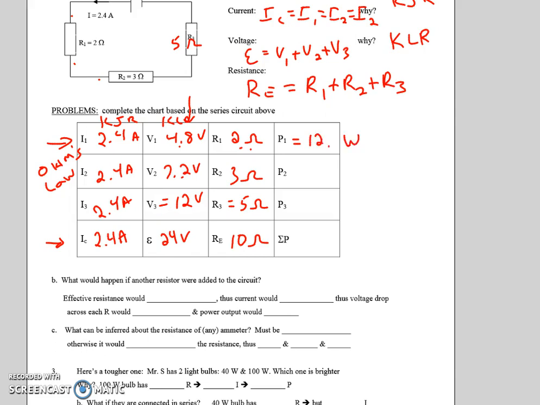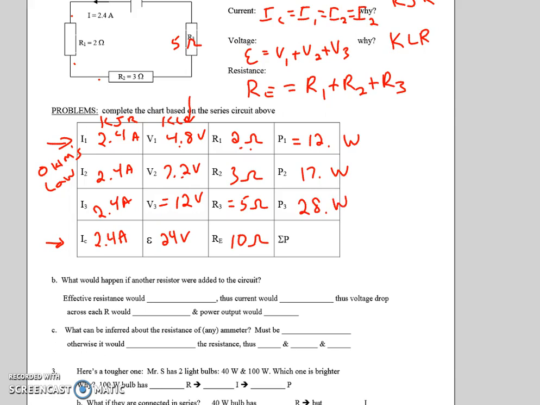Okay, I'll let you work it out. For I2, I've got 7.2 times 2.4, so that's 14, 16.8, plus another, let's call it about 17 point something watts. And then if I do 2.4 times 12 volts, 12 times 2 is 24, and that's about 28 point something watts.